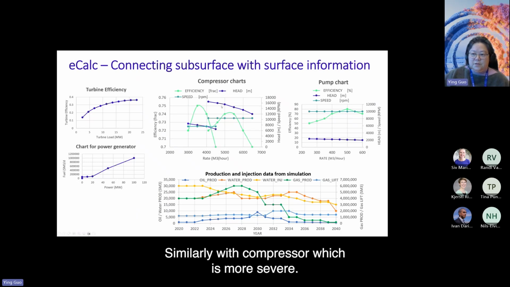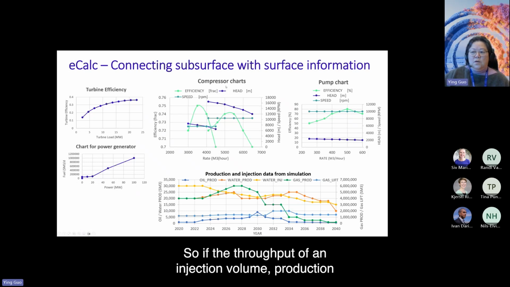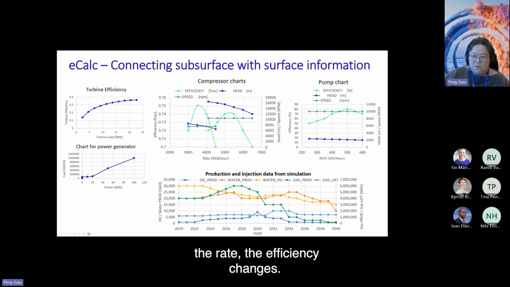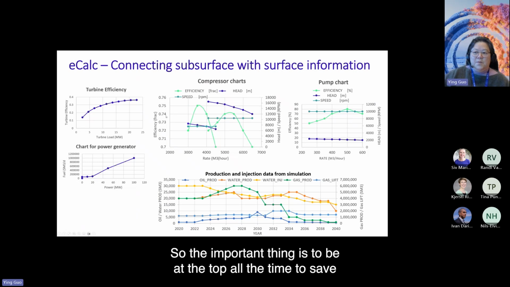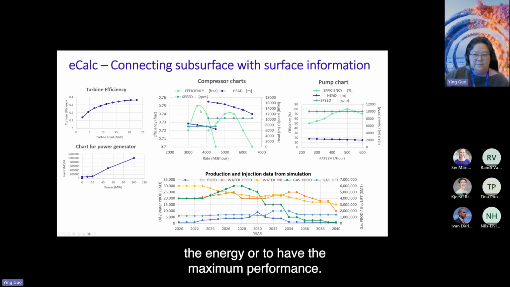Similarly with the compressor, which is more severe. You see the green line here is efficiency. So if the throughput, injection volume, production volume, and so on, requires a different compressor rate, the efficiency changes. So the important thing is to be at the top all the time to save energy or to have the maximum performance.